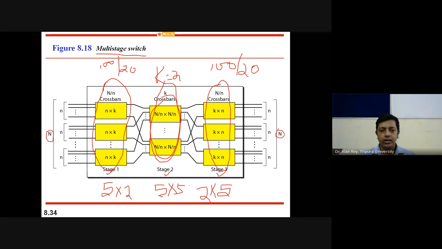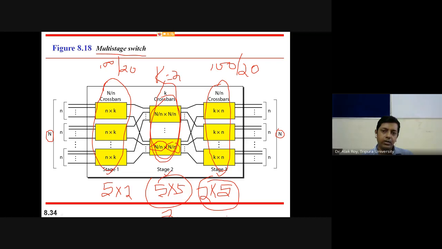Okay, how are we trying to identify? Because it is n by n cross n by n. So capital N is your 100, small n is your 20. So you are using 5 cross 5 switches, how many? 2. You are using 2 cross 5 switches, how many?